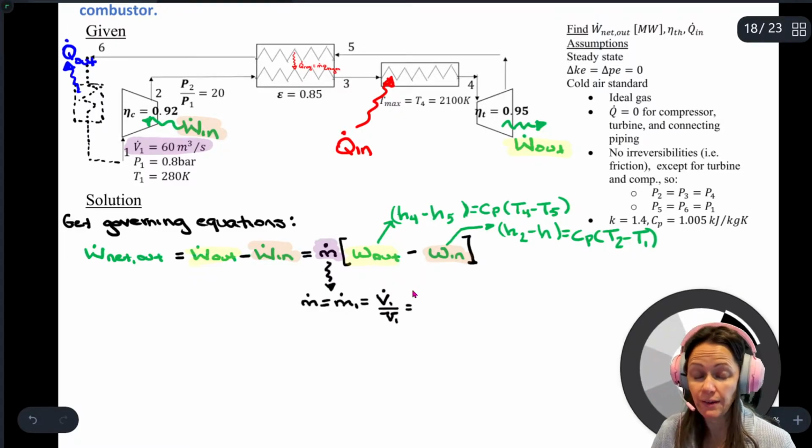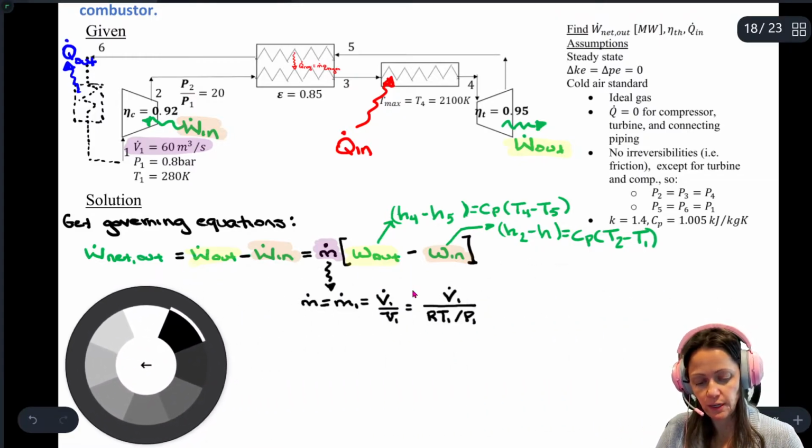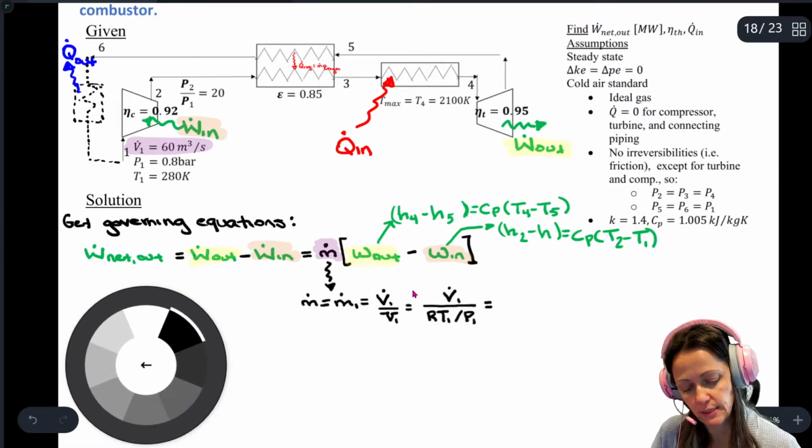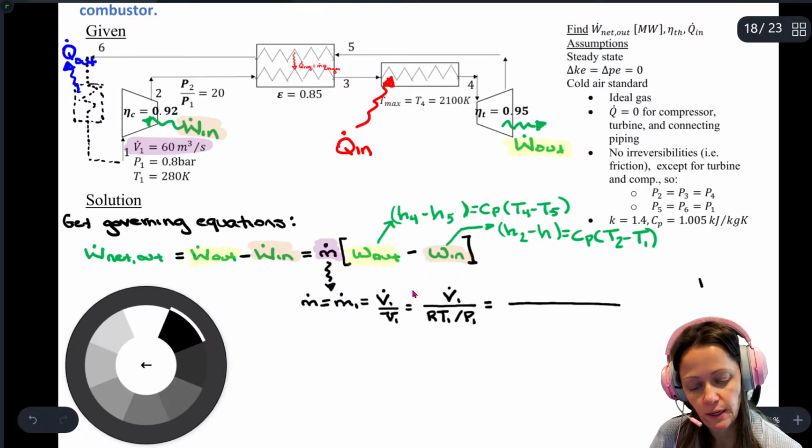And remember, I have an ideal gas. And so that specific volume will be calculated using my ideal gas law. I think I've got enough information to plug that stuff in. So R is the specific gas constant for air.